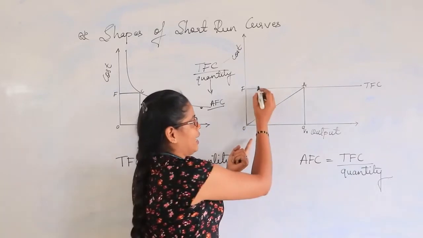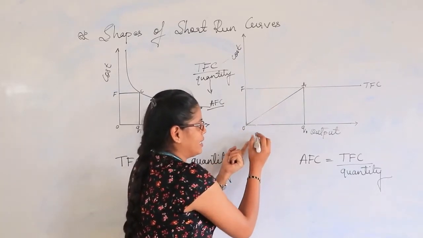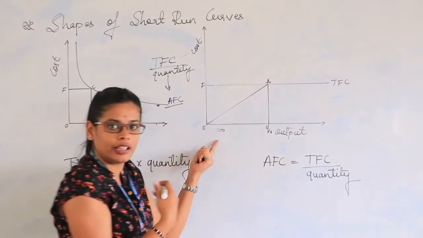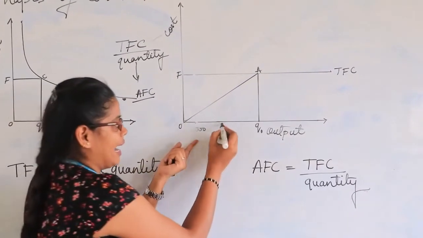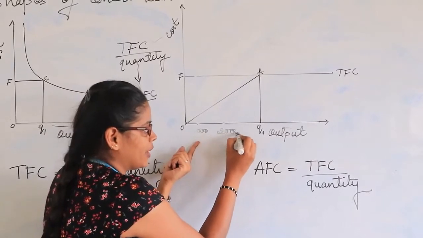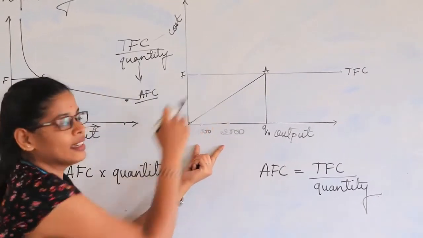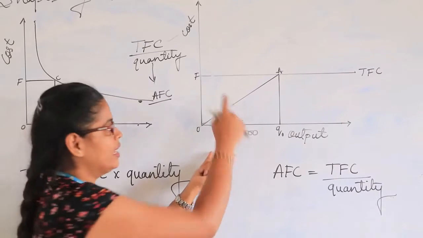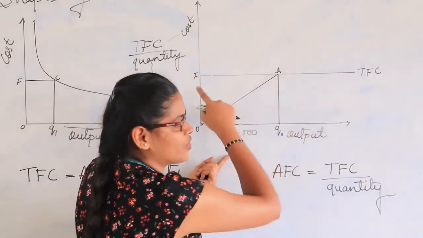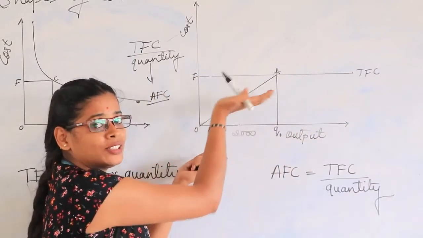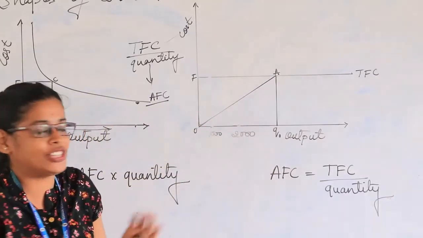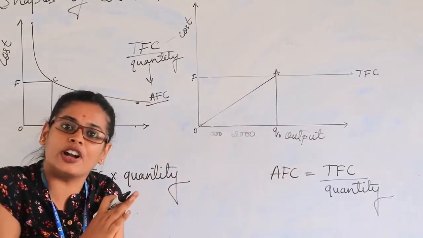Imagine at this point the quantity is 1000, and at 2000 units, is it changing? No, right? You can see that the straight line, parallel to the output axis, is not going upwards and not decreasing either.